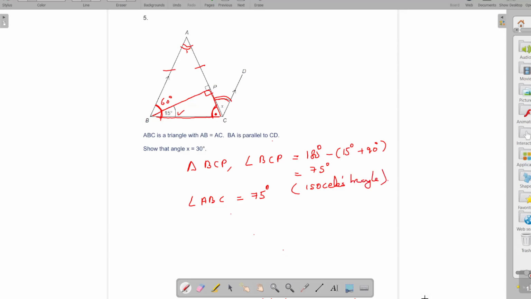ABC is an isosceles triangle. So therefore we can find angle ABP, which is this, is 75 take away 15, which is 60.